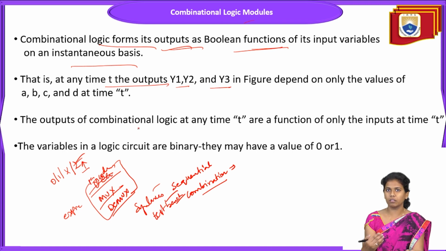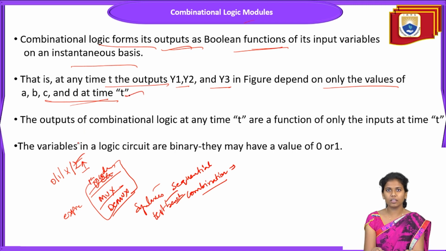In the figure, we observe the outputs y1, y2, y3, and they depend upon the values of a, b, c, d and t. So what are a, b, c, d and t? A, b, c, d are the inputs, and t is nothing but the delay. One thing we have to remember is that the combinational circuit outputs y1, y2, y3 and so on depend on the inputs that we are considering.